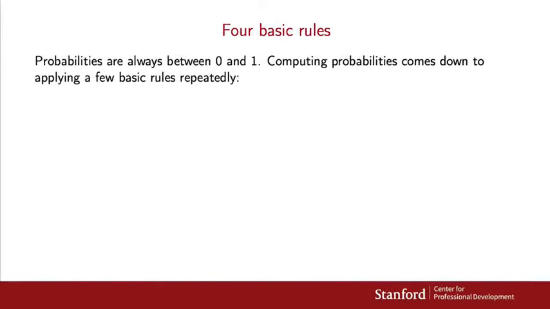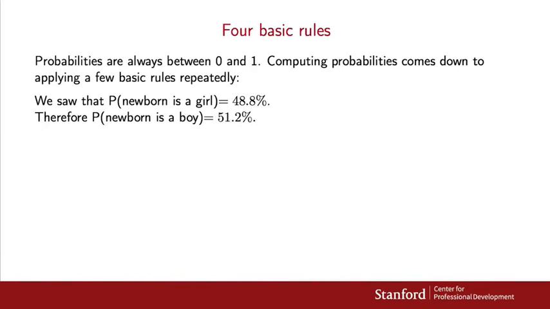Probabilities are always between 0 and 1. The key for computing probabilities is to apply a few rules repeatedly. We already saw that the probability that a newborn is a girl is 48.8%. So what's the probability that a newborn is a boy? Well, that's the opposite, so it's 1 minus 48.8%, which is 51.2%.